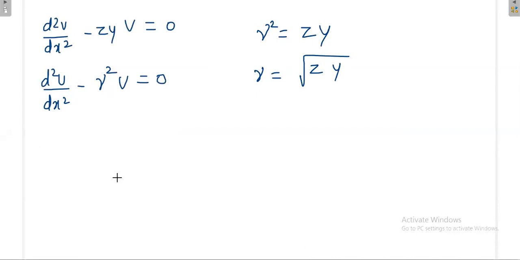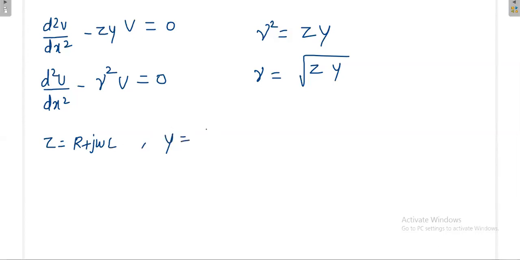Now we should know what Z and Y are. Z means the impedance of the line, that is R plus j omega L, where R is the resistance per unit length, L is inductance per unit length, and omega is the frequency of operation.